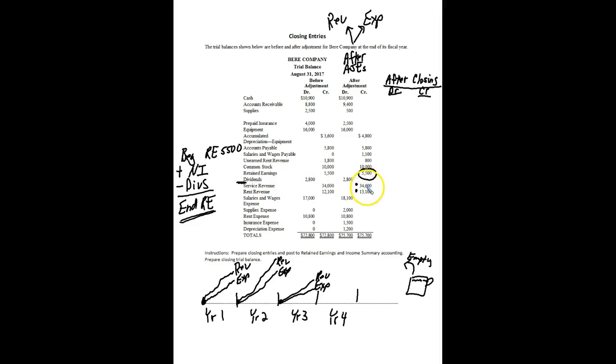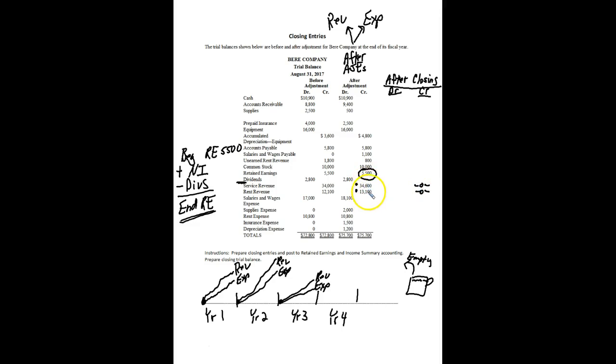Those accounts have credit balances. When it's all said and done, I want to empty those. They have credit balances, so under credit, I want those to have 0 balances. If I empty them, they'll go down to 0.